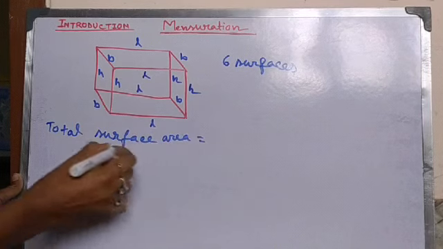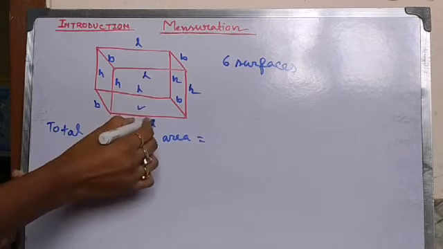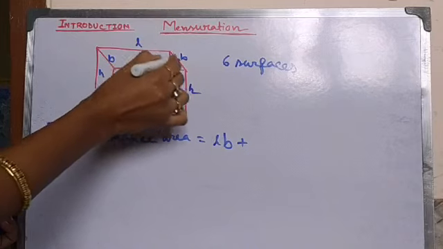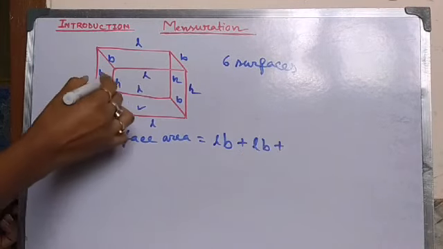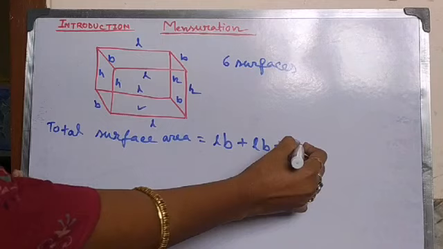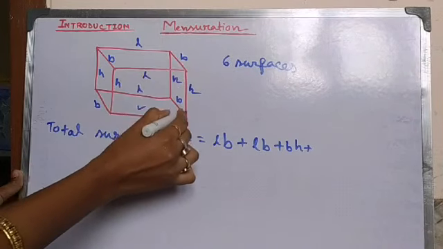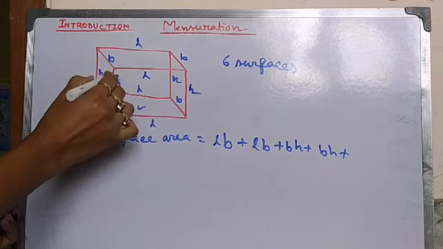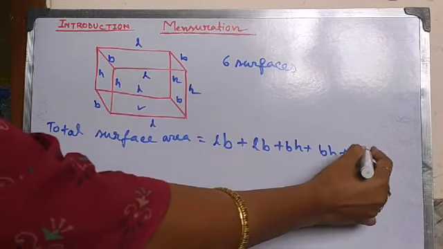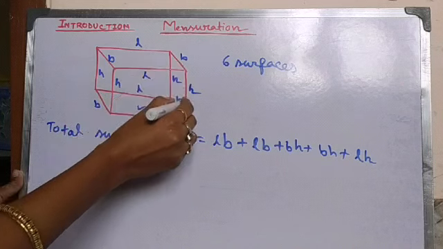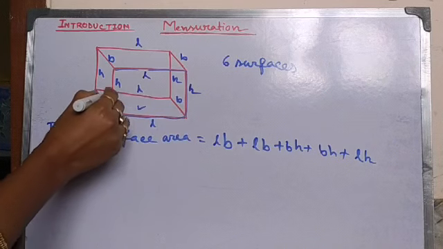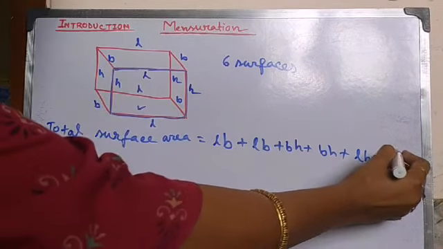Total surface area: this surface area is length into breadth, that is LB, plus the upper one, the ceiling, L into B, plus this side B into H, this also B into H, plus the back surface, this is H, this is L, so LH, and the front surface, this is L and this is H, so LH also.